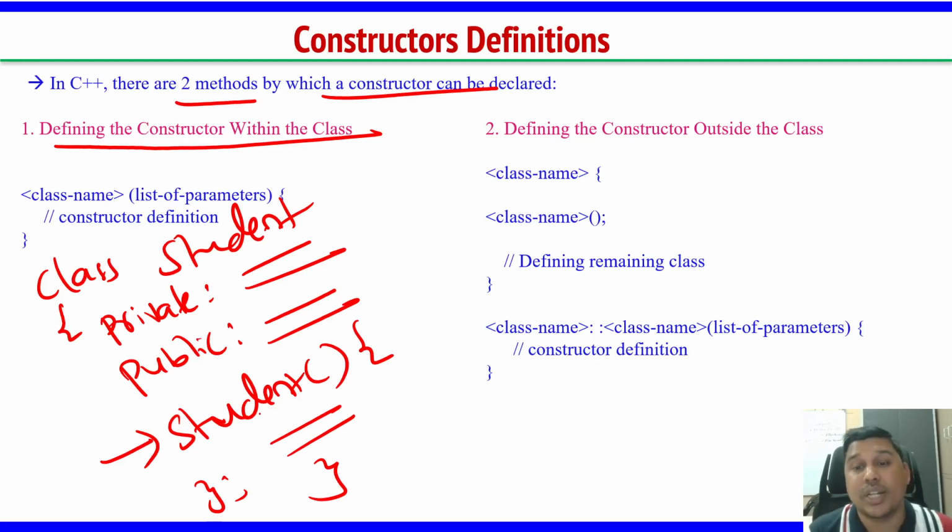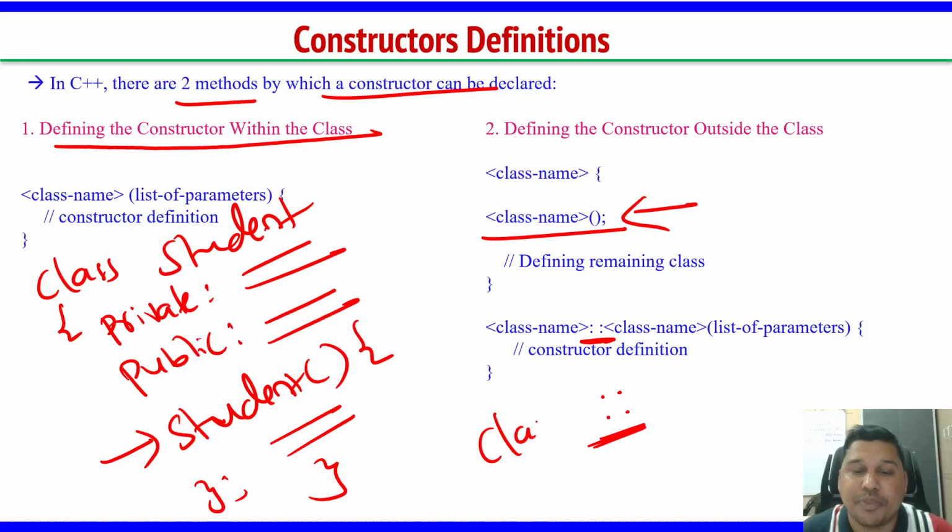If you want to do it outside the class, again we have to use the scope resolution operator. You give the name of it, but you give the definition outside the class by using the scope resolution operator. I think you remember we talked about this when we studied static data members.